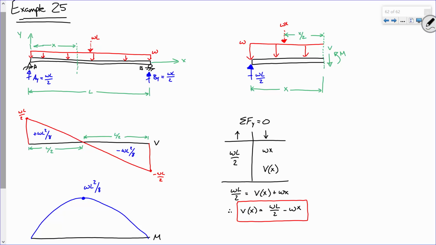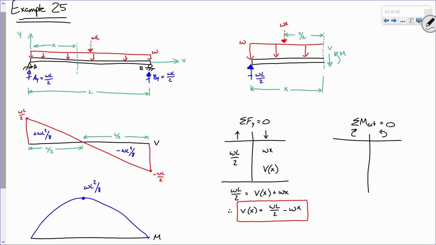Moments. Let's sum moments. In this case, let's sum moments at the cut. All right? So I'm at the cut. All right? So WL over 2, that causes moment, right?